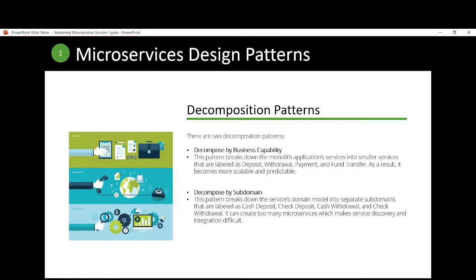Now if you want to use the second one, which is breaking down the domain model into separate subdomains labeled as cash deposit, check deposit, cash withdrawal, and check withdrawal, it can create too many microservices, which makes service discovery and integration too difficult.